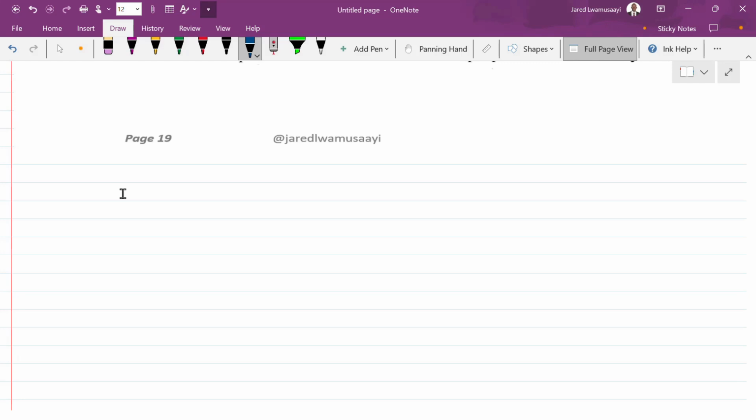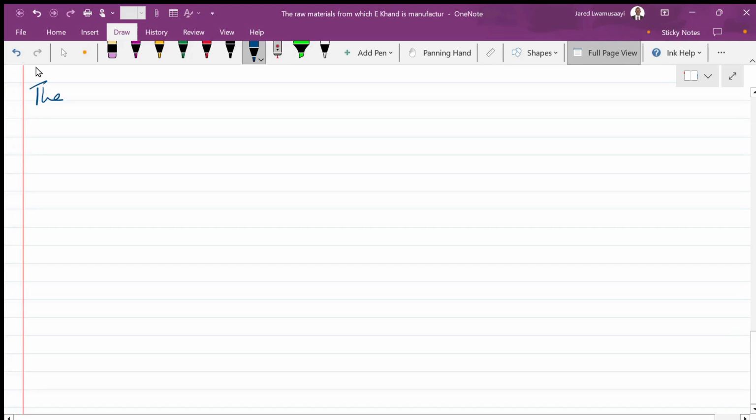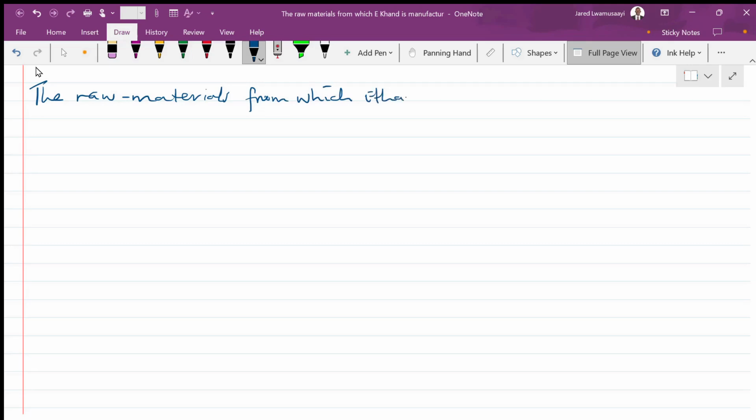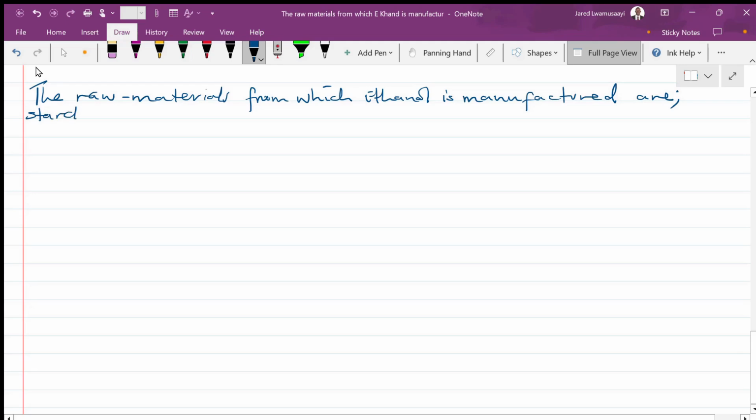So we can start by saying that the raw materials from which ethanol is manufactured are starch, malt, yeast, and water.